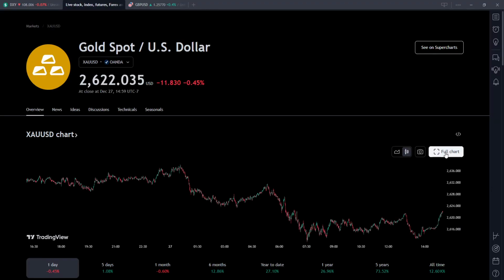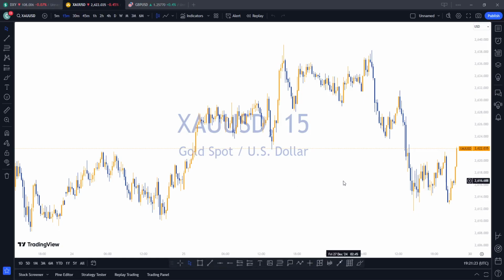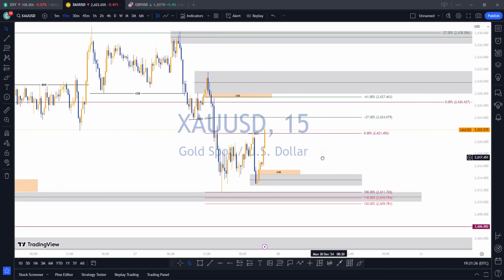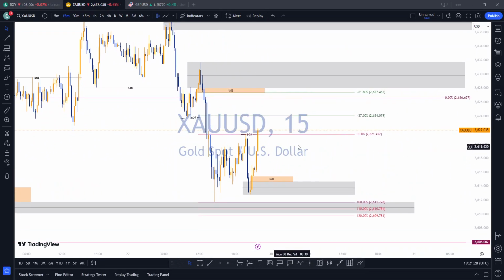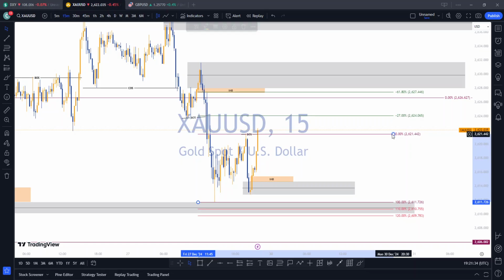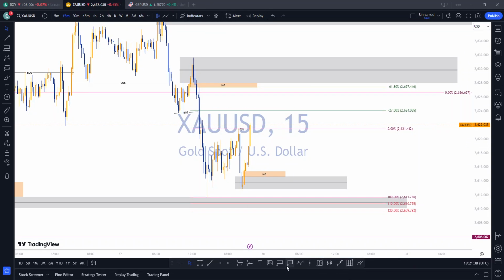Sorry, guys. So what we'll be looking at is a buy, right? Definitely a buy on gold. I will be looking for it coming here to tap in here first.